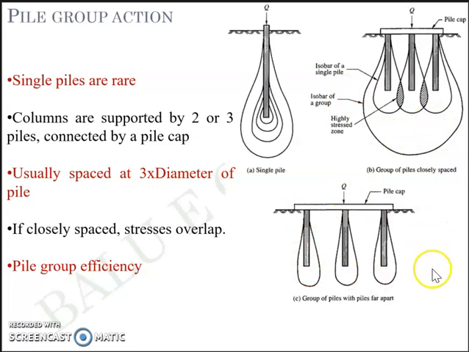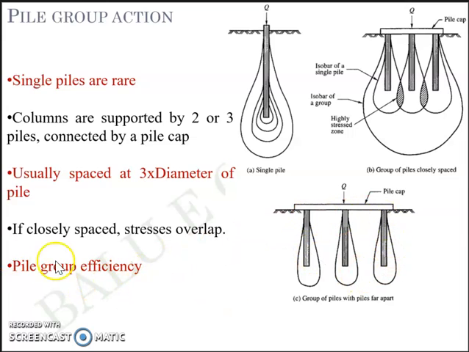When you have them separately spaced, which means let's say more than 3.5 times the diameter spacing, each pile will have the capacity to attain its maximum load carrying capacity, which means the influence bulbs will not overlap each other and there will not be a highly stressed zone, at least theoretically, and you can actually mobilize the maximum efficiency.